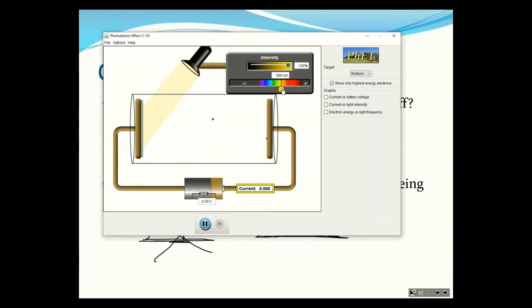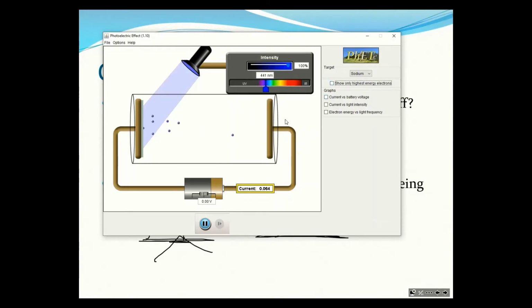And what happens if I increase the frequency even further? What changes about those electrons? Whoa, look at that. They're going faster. Now they're going slower. Let's show all the electrons.